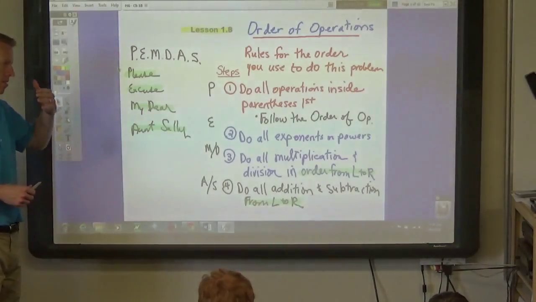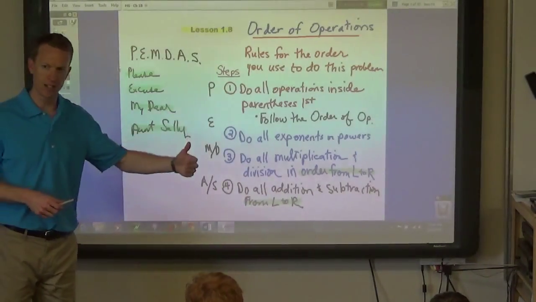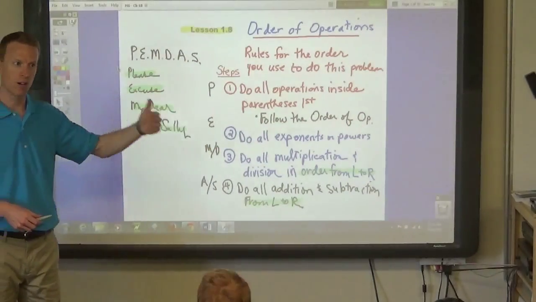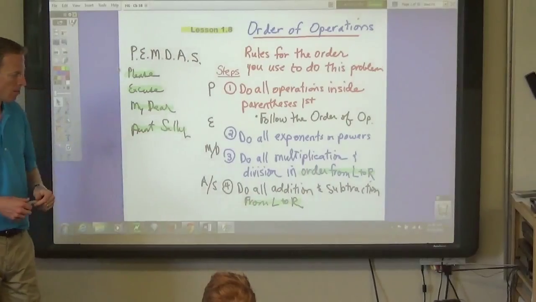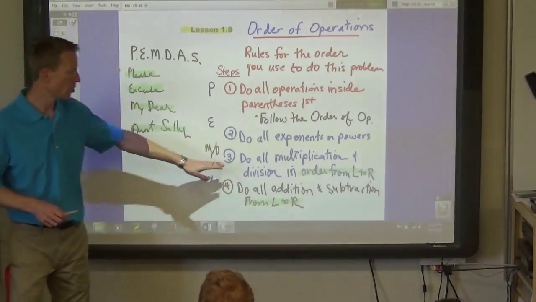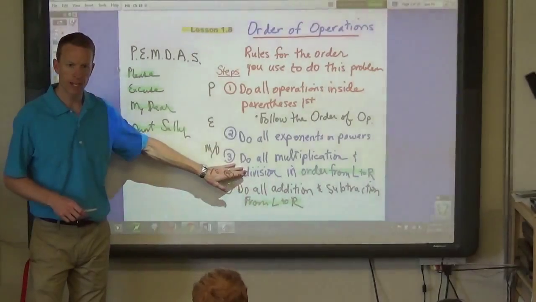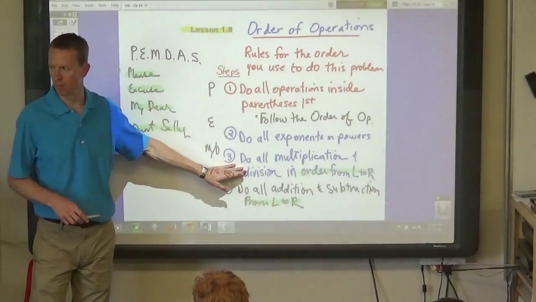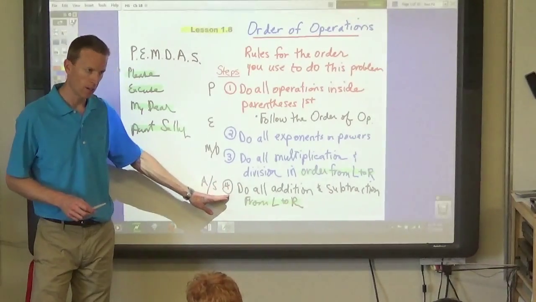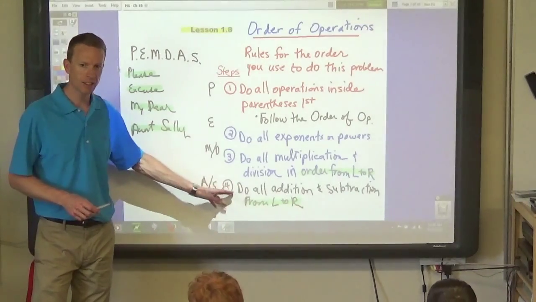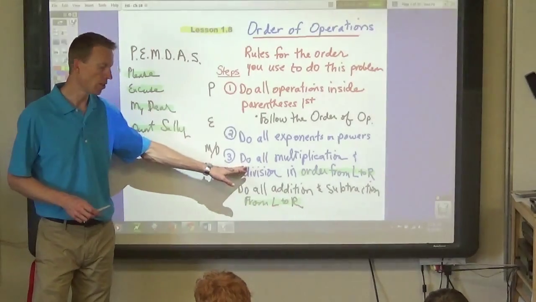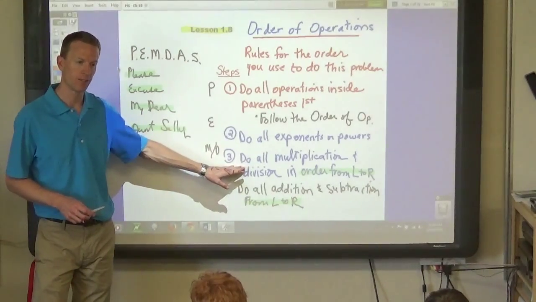So if there is multiplication, then division, then multiplication again, you do the process from left to right. Once you finish doing all the multiplication and division in the problem, then go on to step 4. Don't start adding and subtracting anything unless you're finished with all the multiplication and division.